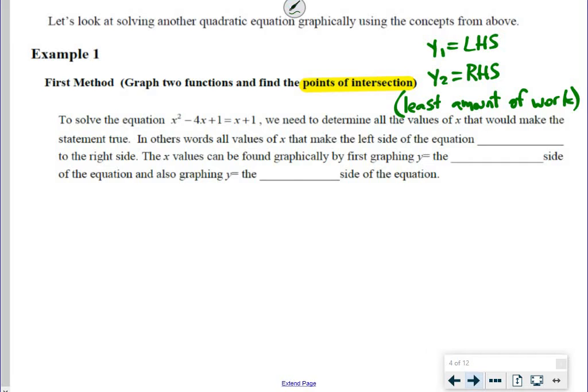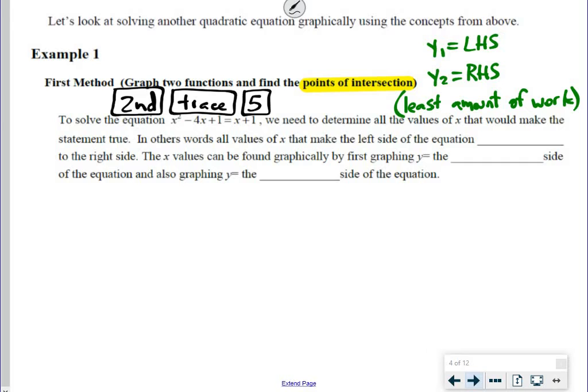And in order to find the intersection points, once we graph the equation in our graphing calculator, we hit second and then trace, and then go down to number 5, which is the intersection. So to solve the equation x squared minus 4x plus 1 equals x plus 1, we need to determine all the values of x that would make the statement true.